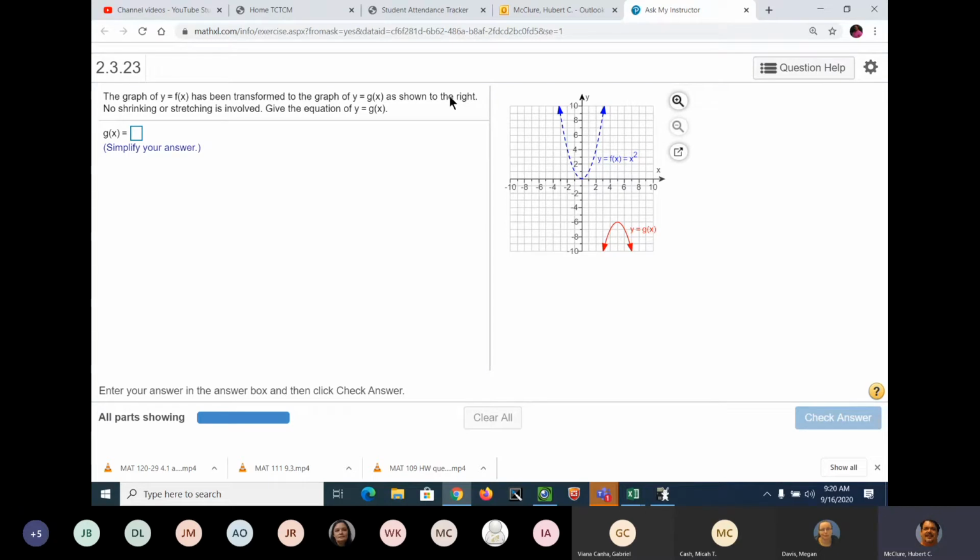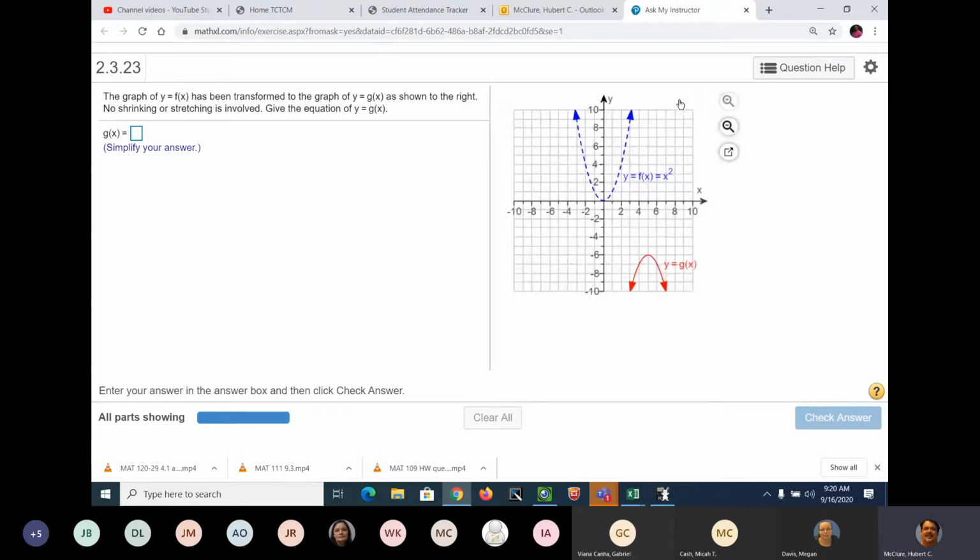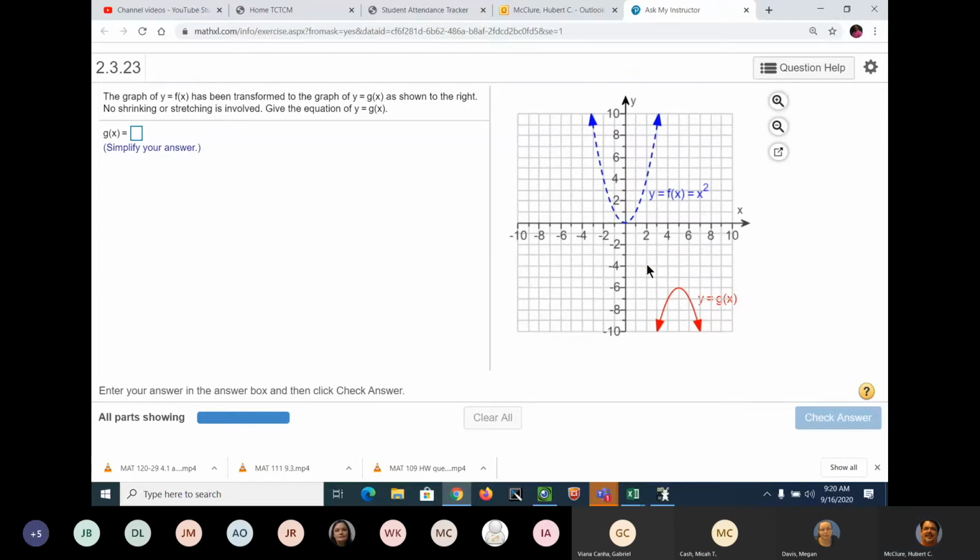Oh, they want you to write the equation, so just do the horizontal and vertical shift. So that's a horizontal shift of what, 5 to the right?